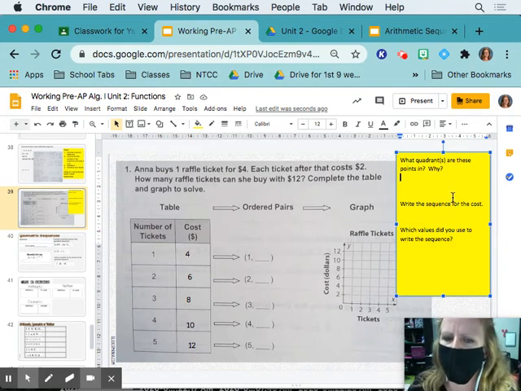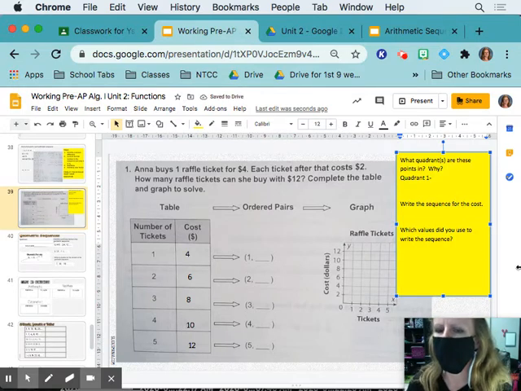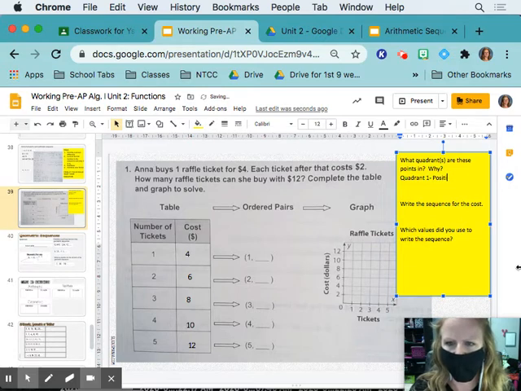What quadrant will they be in? The first one. And why? Positive, right? Positive x values, x and y values.